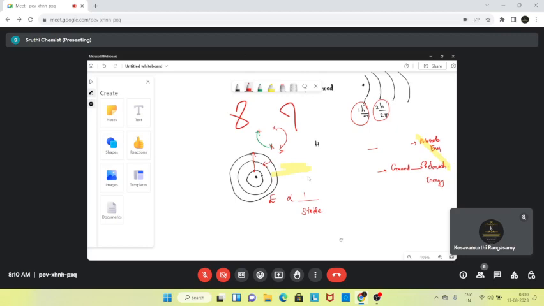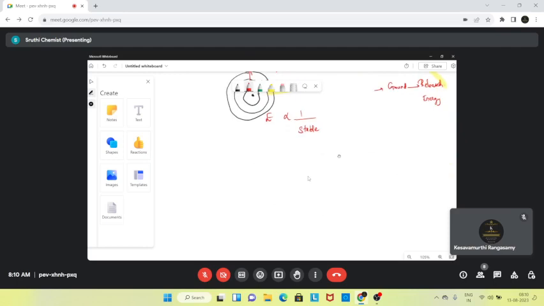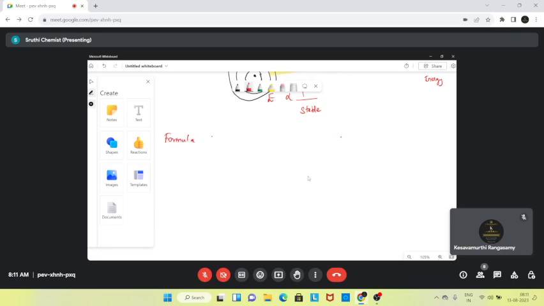Okay, so next is about just formulas. Only formula-based things, based on the Bohr model. You have many formulas. Derivation is not needed. I'll just write down the formulas, and then based on that we will do some problems. So, formulas based on the Bohr model.